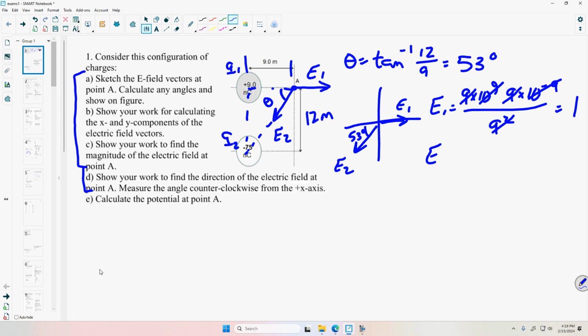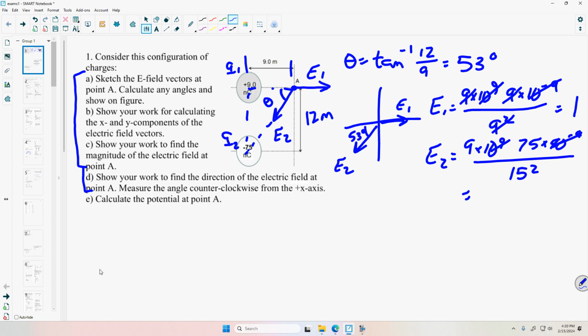And then E2, I do similarly. 9 times 10 to the 9th, 75 times 10 to the minus 9, divided by the distance, which is 15. So 15 squared. Oh gosh, what is that?